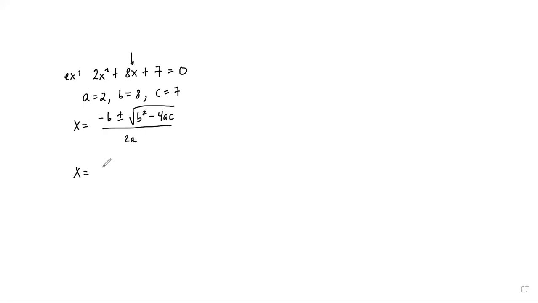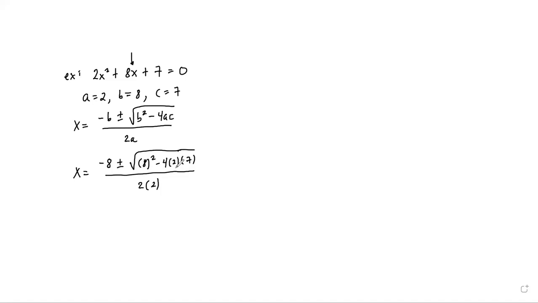So plugging in the values, we get negative of 8 plus minus the square root of 8 squared minus 4 times 2 times 7 all over 2 times 2.